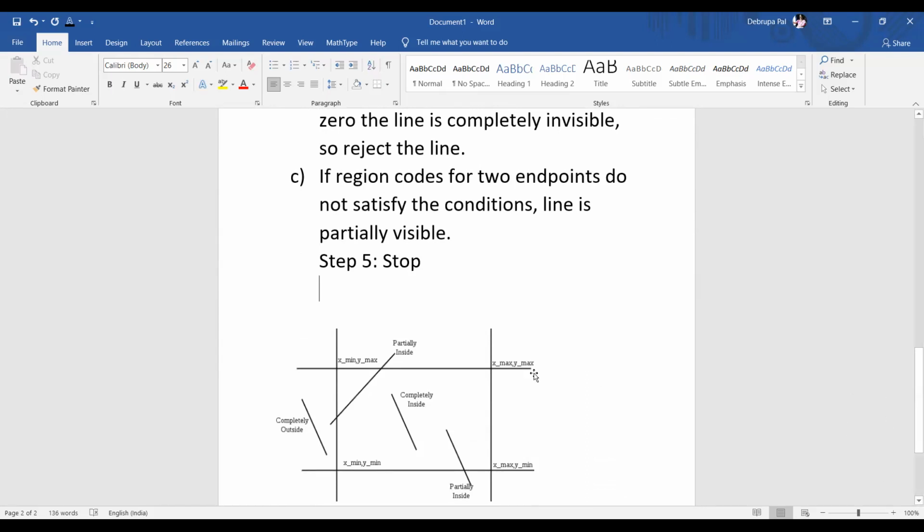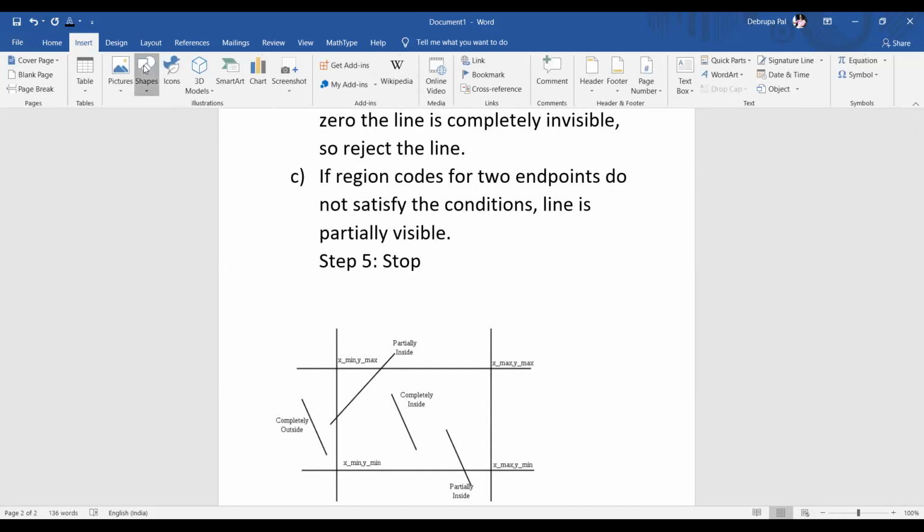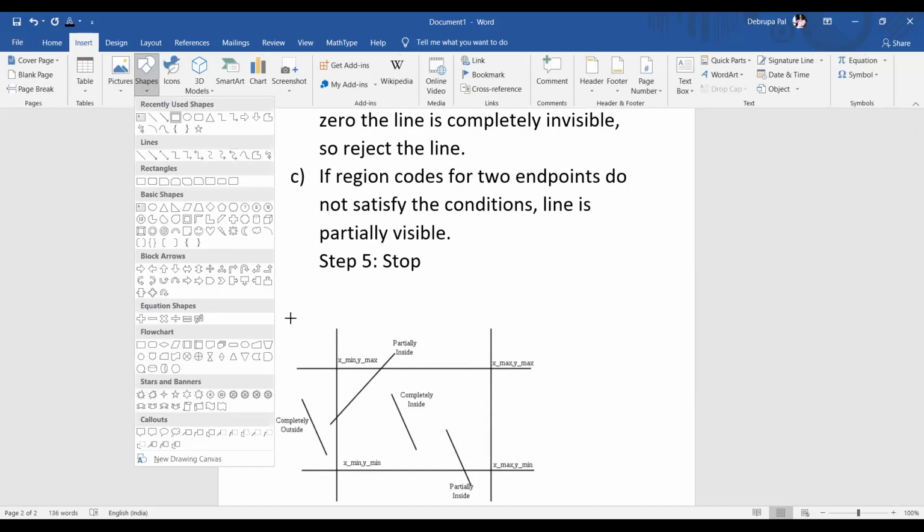Now let me insert some shape so that I can explain better.